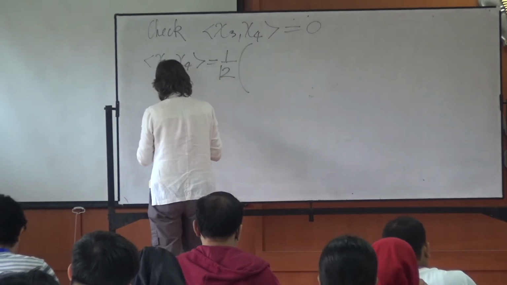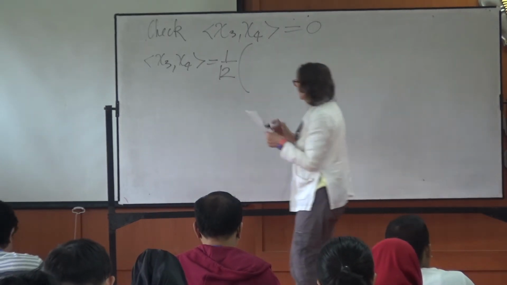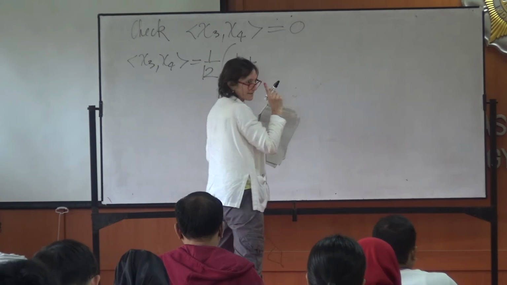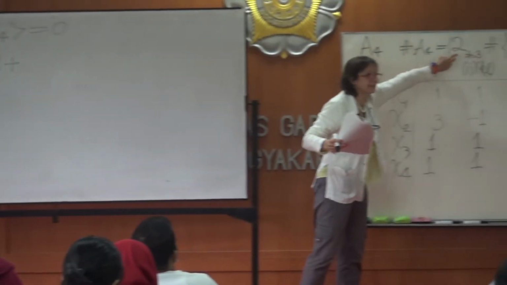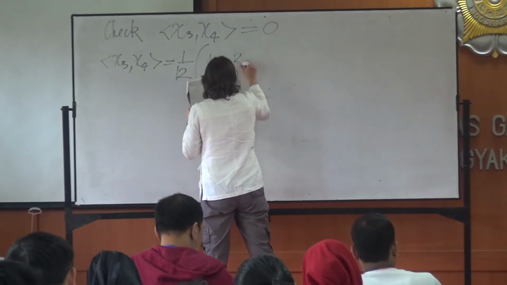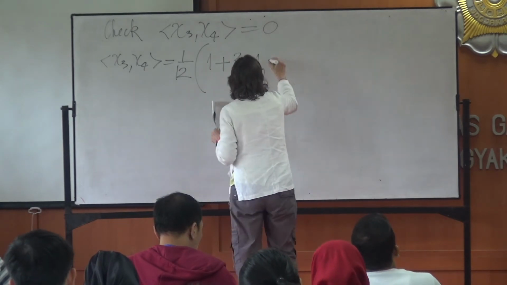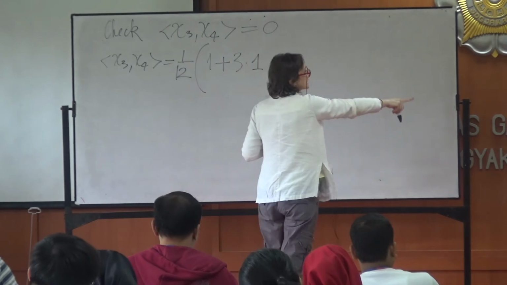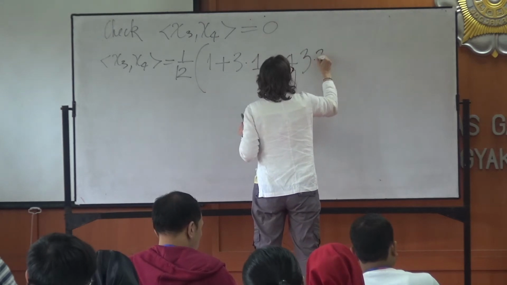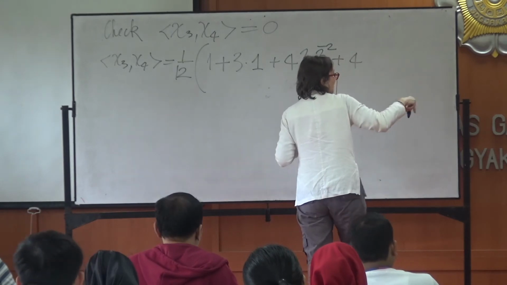So, 1 over 12, and now we have to do the product: 1 times 1, 1, plus, again, 3 times 1 times 1. You see, here we really use the cardinality of each conjugacy class. So 3 times 1. Then we have 4 times z squared bar, plus 4 times z squared z bar.